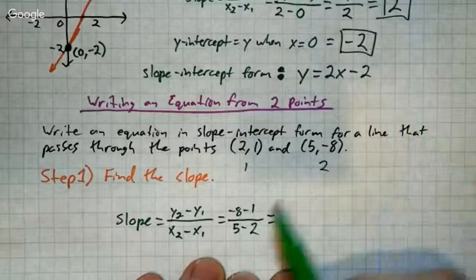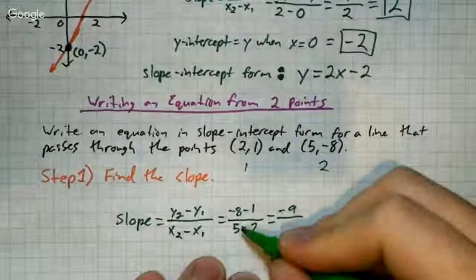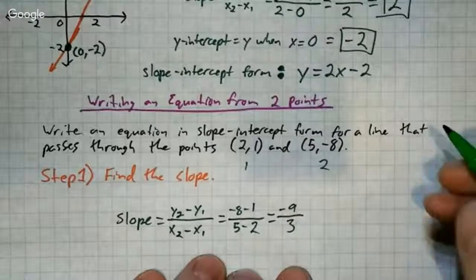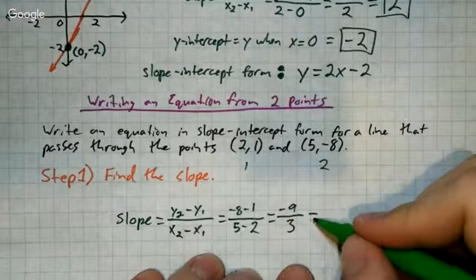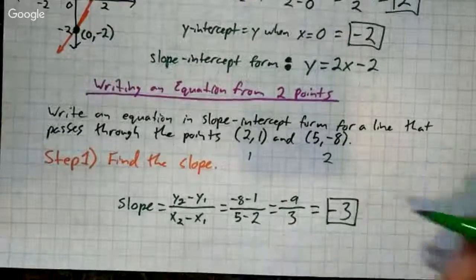I just simplify: -8 minus 1 gives me -9 over 5 minus 2, which is 3. So -9 over 3 is actually going to give me -3. So I found my slope.